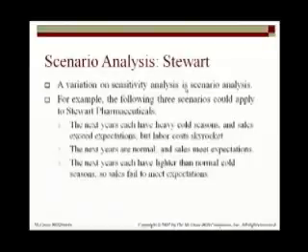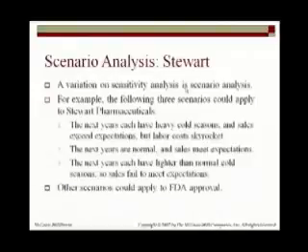Another scenario, next year's normal and sales meet expectations, and that's the base case that we've already built. And a third possible scenario would be that next year we'll have a lighter than normal cold season and sales will fail to meet expectations. And you can imagine all kinds of scenarios, things about the drug doesn't get FDA approval, or there's some kind of health risk associated with it that causes lawsuits. I mean, there are all kinds of possible things.